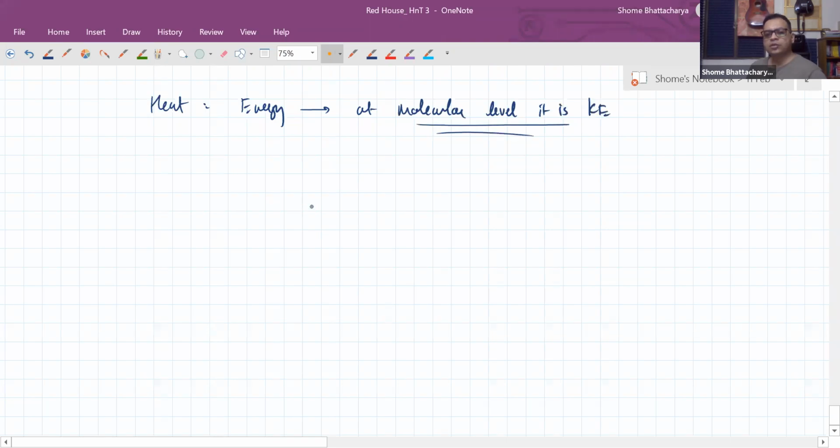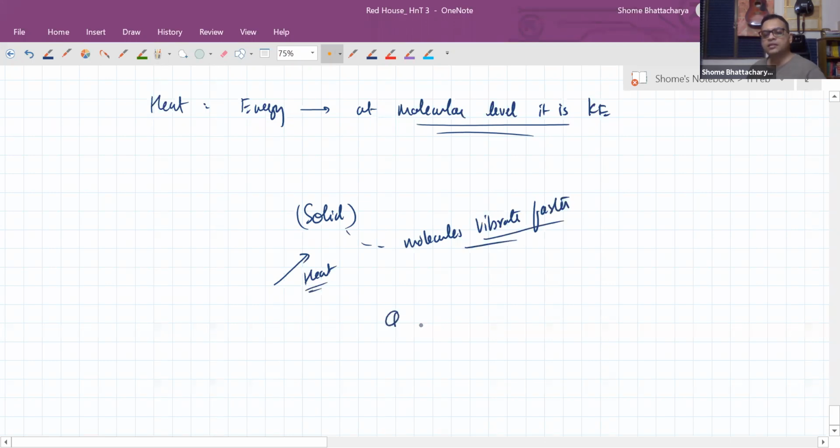So for example, in a solid, if you supply heat to it, then its molecules vibrate faster. So the amount of heat that you're supplying is basically the amount of increase in vibrational kinetic energy of the solid's molecules.